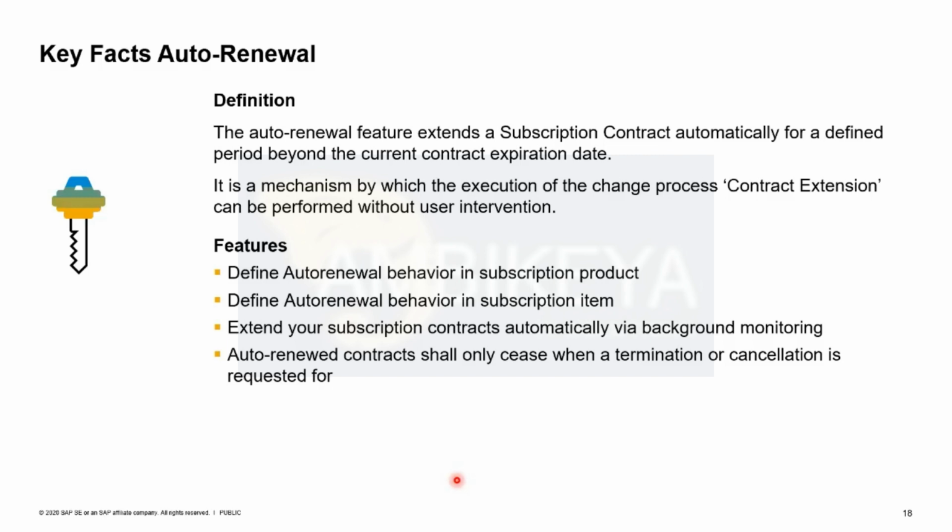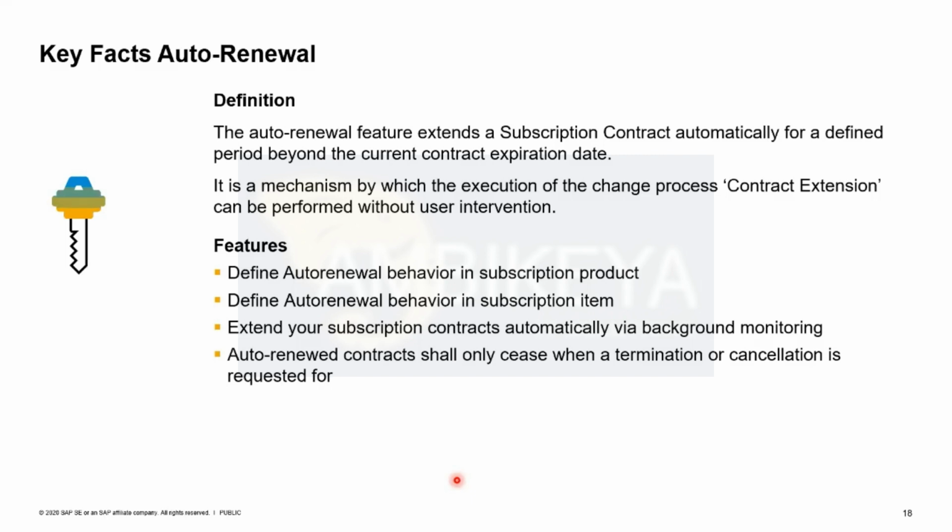But in case of evergreen contracts, these contracts will keep running and stay active even if the contract end is reached, but the revenue accounting system won't be informed right in time. So for that reason, we introduced a feature called Auto-Renewal.